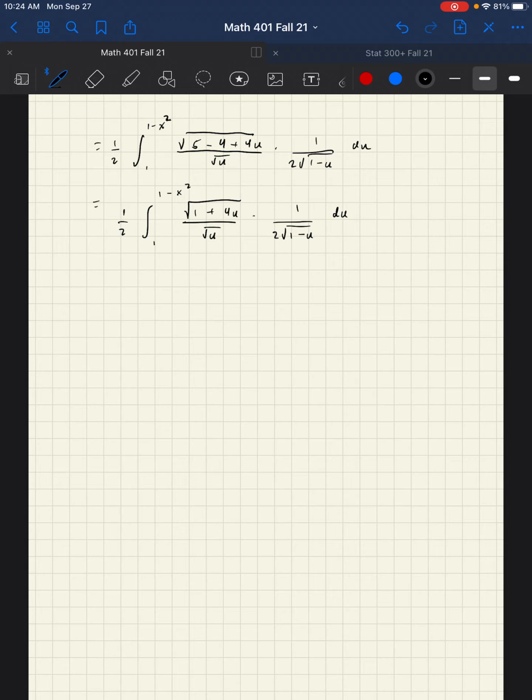All right. Not quite there yet. But maybe if we combine some more things. So for instance, u to the 1/2 times 2 times 1 minus u to the 1/2.